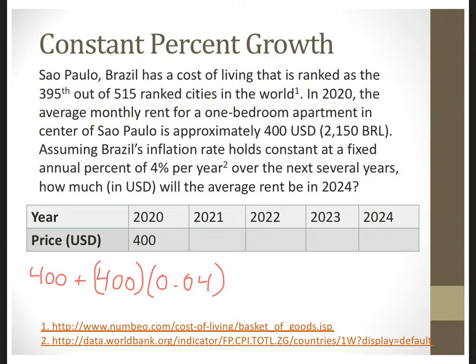So this 400 times 0.04 means I'm taking 4% of 400. This is calculating by how much my rent is going to increase. And if we do that arithmetic, 400 times 0.04 winds up being 16.